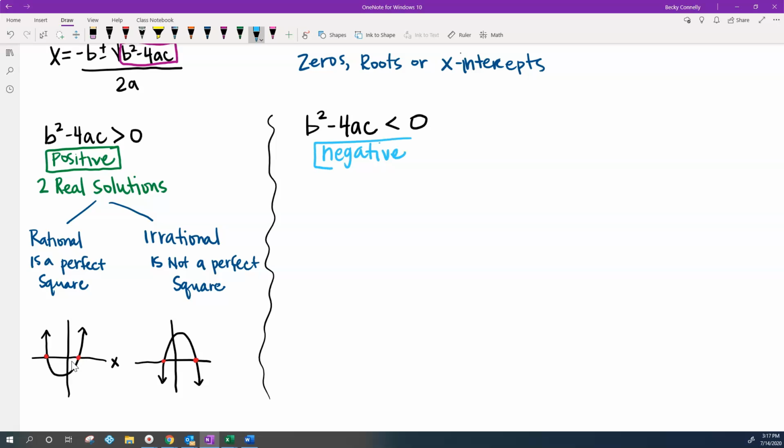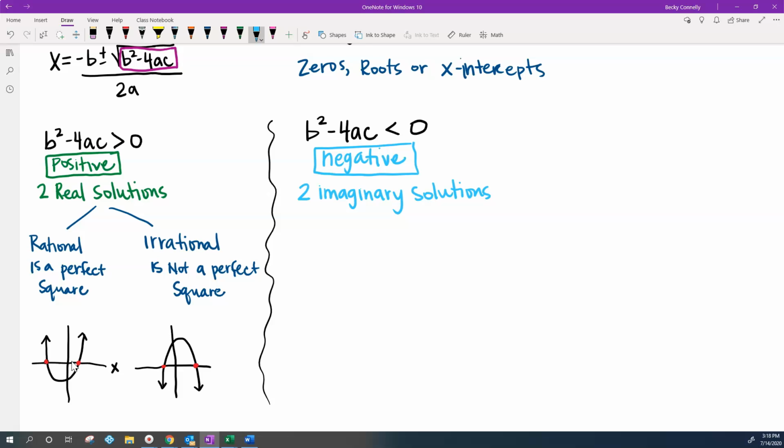If it comes out to be negative, then that means that we have no real solutions, and we're going to get two imaginary solutions, right? And think about why that would be. If we're looking back up here at our quadratic formula, this b squared minus 4ac is what's under the square root. So if it's negative, then we know we're going to get imaginary solutions, right? So that is important to know here.